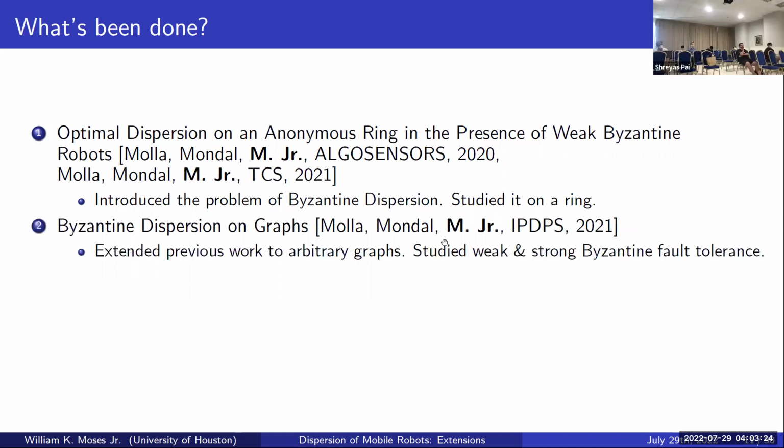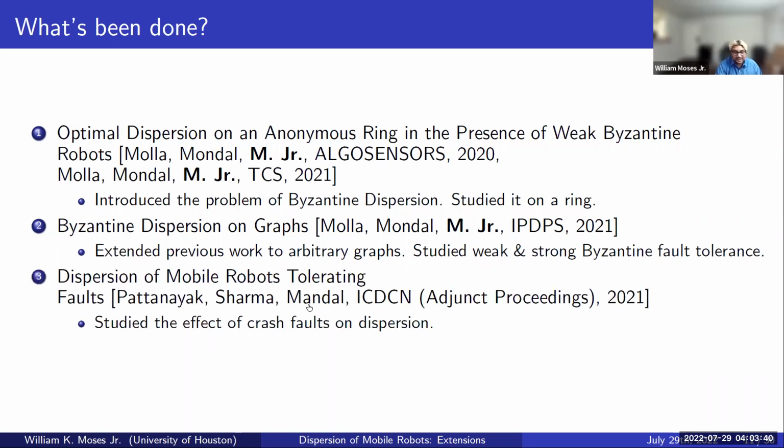Subsequently, we were able to expand our work to arbitrary graphs, where we studied both weak and strong Byzantine fault tolerance. Weak and strong, I'll get to that when I get to the model. And also, there has been work done on crash faults as well. Patnaik, Sharma, and Mondal, in ICDCN adjunct proceedings, studied the effect of crash faults on dispersion.